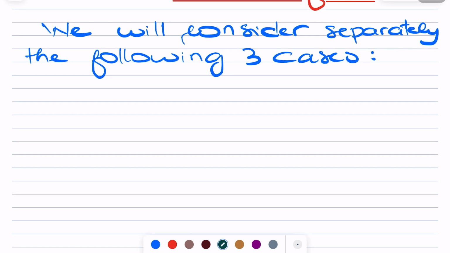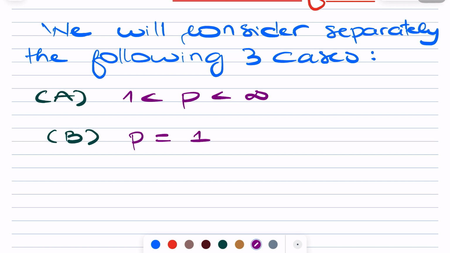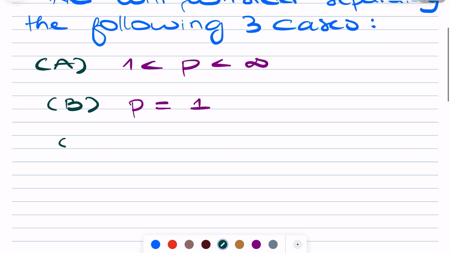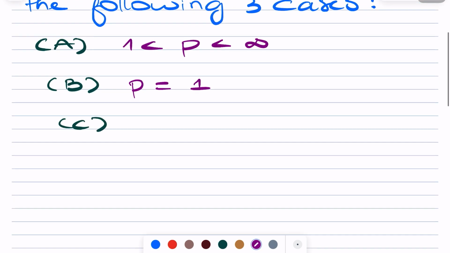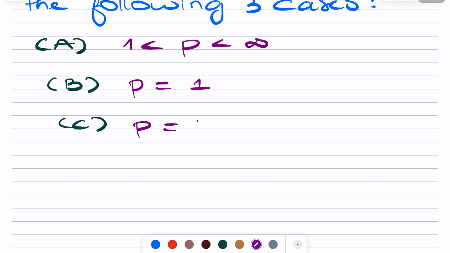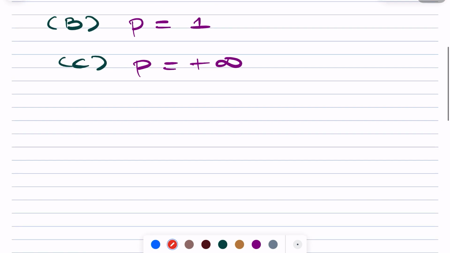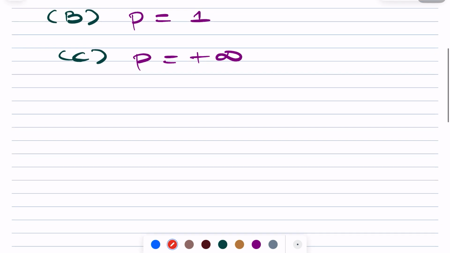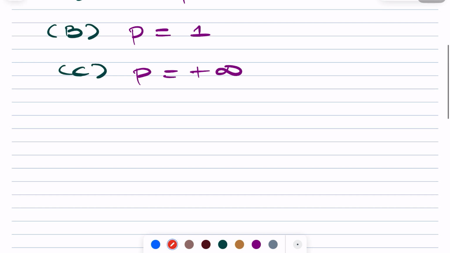Namely, the first one would be p strictly between 1 and infinity. The second case would be where p equals 1. And finally, we study the case where p equals plus infinity. Okay, good. So we start with, I would say, the most favorable one, the study of LP for p between 1 and plus infinity.